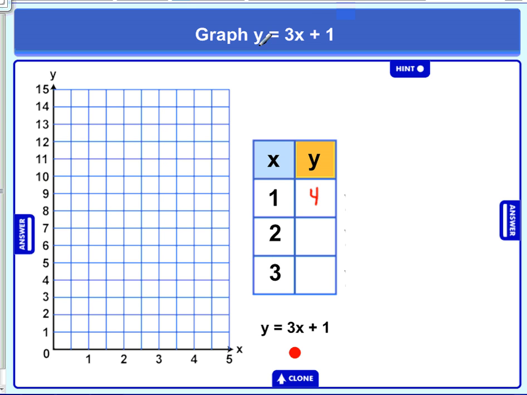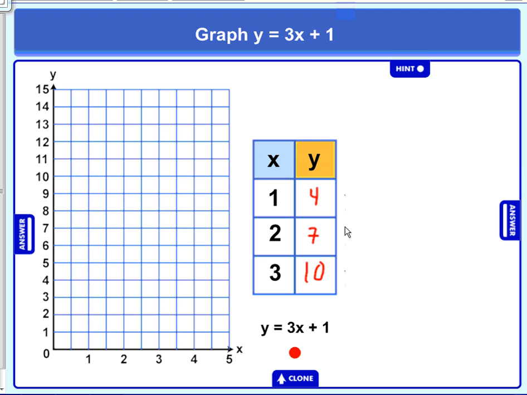Okay, if I were to plug 2 in, I would have 3 times 2 plus 1, which would be 3 times 2 is 6, plus 1 is 7. Alright, if I were to plug 3 in for x, I would have 3 times 3 plus 1, which would be 9 plus 1, which equals 10.